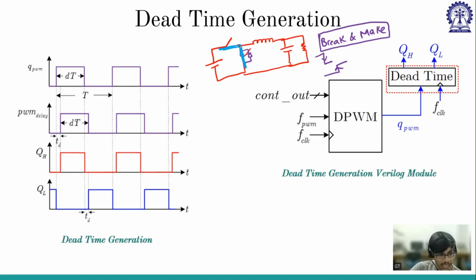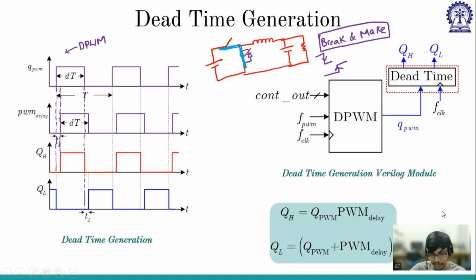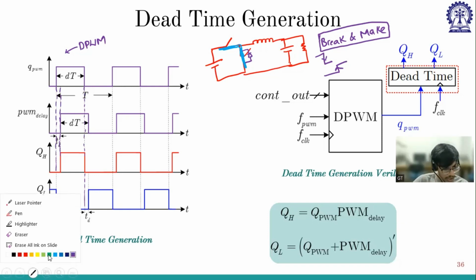So the logic is as follows. Say this is the QPWM that you are getting from the DPWM. You shift it by TD times. Now we are shifting it by some time and doing the AND operation.